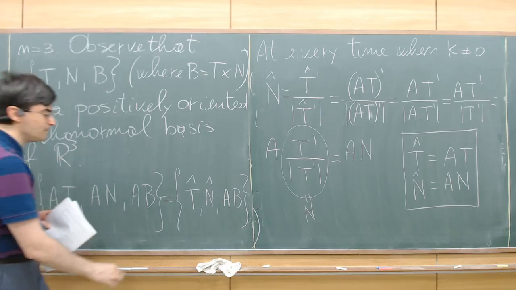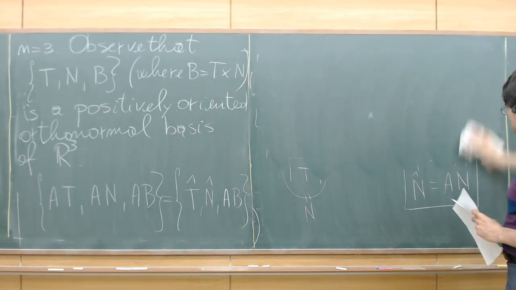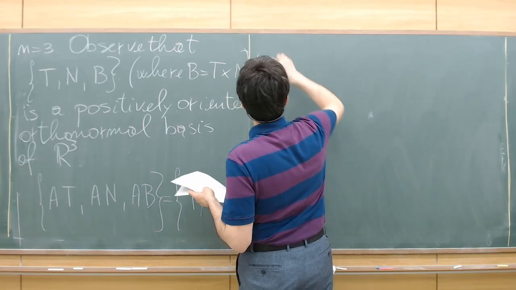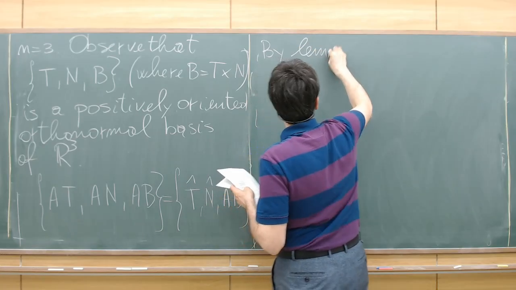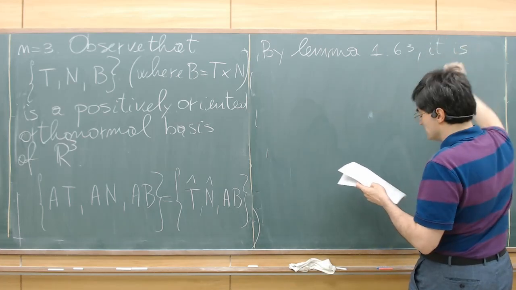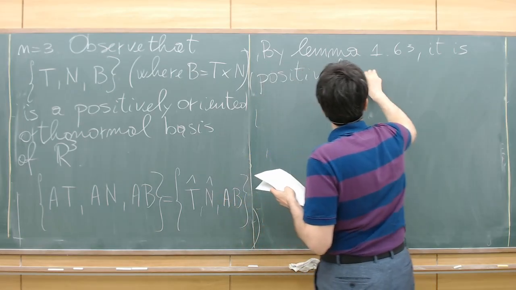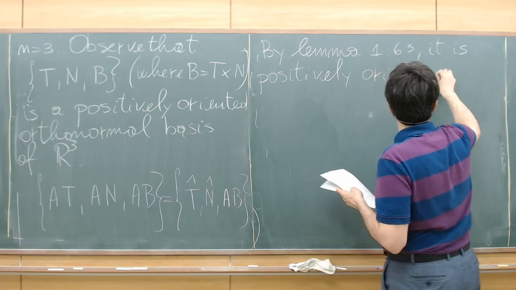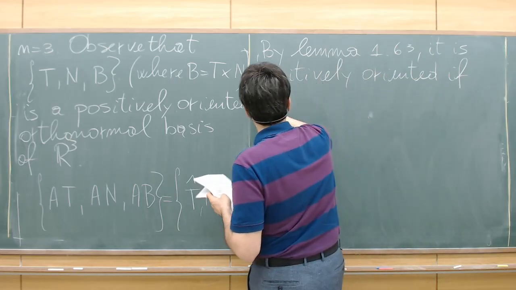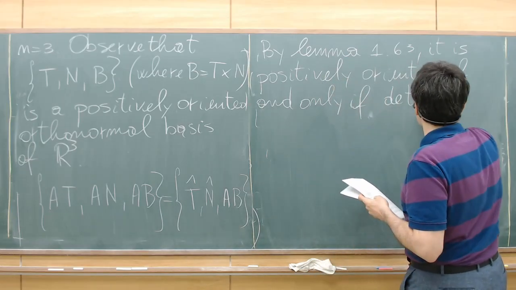By lemma 1.63, it is positively oriented if and only if the determinant of A equals 1.